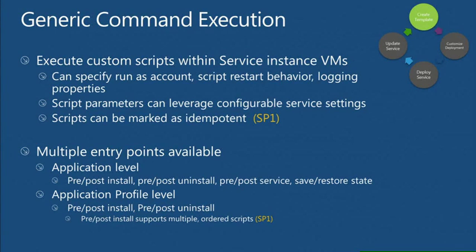In SP1, we'll allow you to mark scripts as idempotent. And what that means is, if that script should fail, and the VMM job fails because of it, when you restart the job, if you mark the script this way, we will re-execute the script. So if you have a script that you know is safe to re-execute, say you had a network connectivity issue at deployment time, you can have us restart that script for you in SP1.